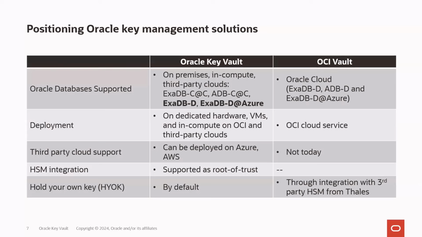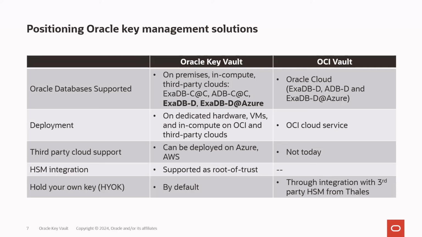So for the ExaDB Cloud@Customer and Autonomous Cloud@Customer databases, OCI Vault doesn't have a reach into on-premise data centers. So here we integrated an on-premise OKV cluster. Your on-premise OKV cluster can be registered with OCI, so your tenancy knows about the presence of that key management system.